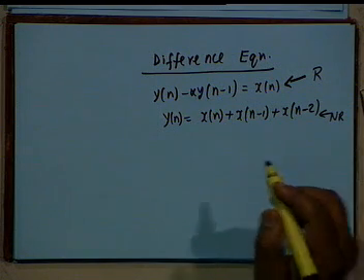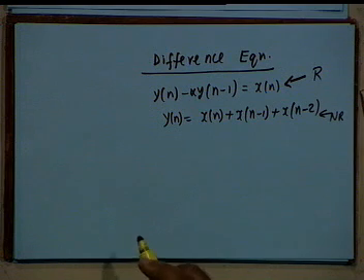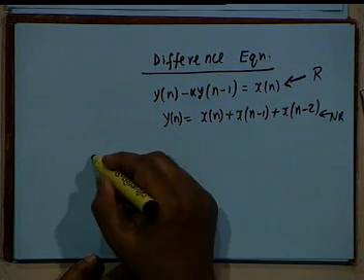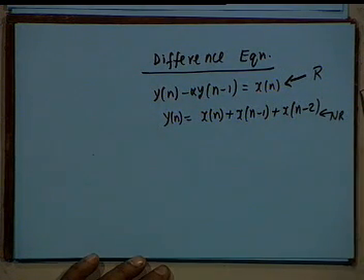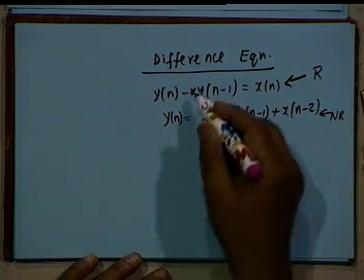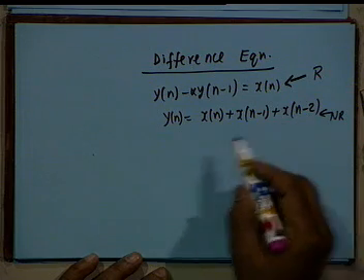In general, an LTI system is described by an equation of this form. These are first order equations, this is second order.